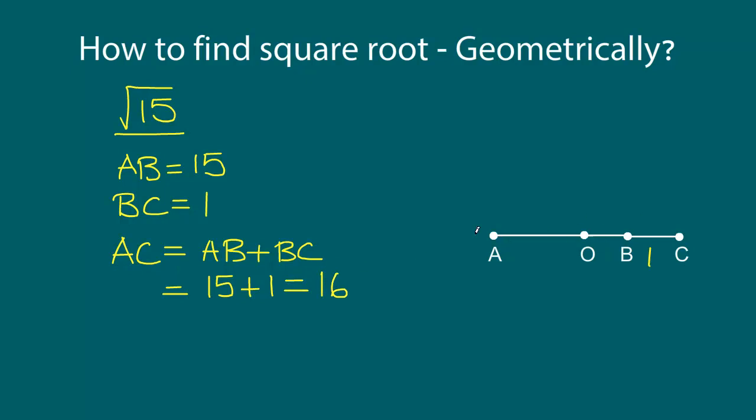Now O is the midpoint of the line AC. So OA is equal to OC, right? In other words, if we were to find the value of OA or OC, they are both the same. It will be AC divided by 2. Or in this particular example, 16 by 2, which is simply 8.